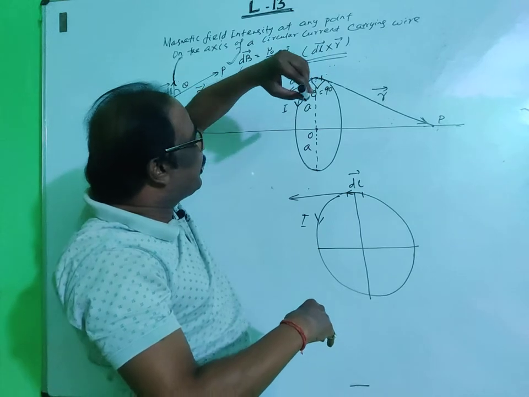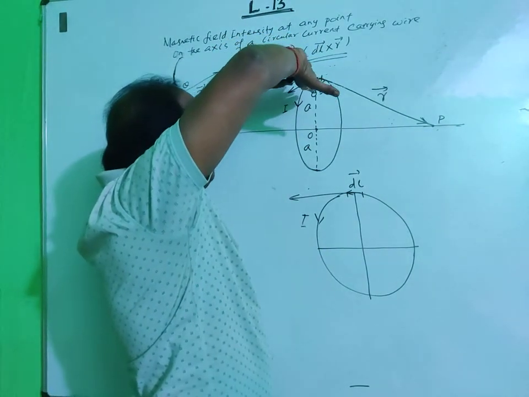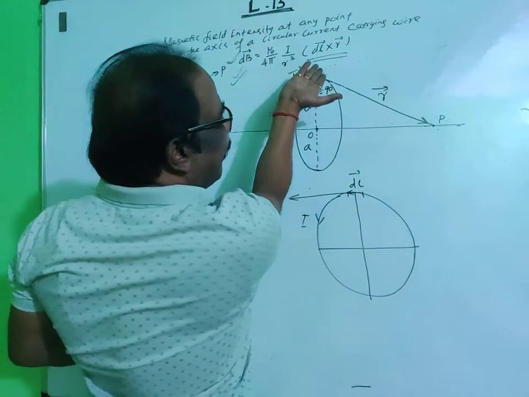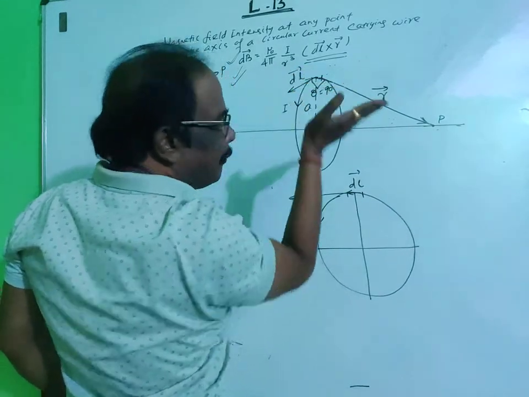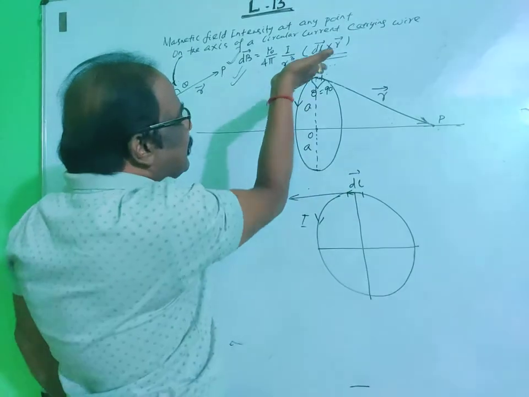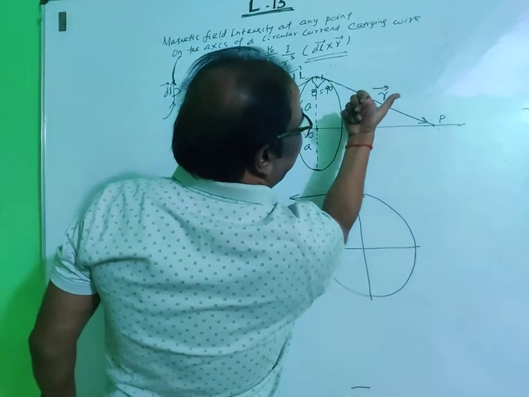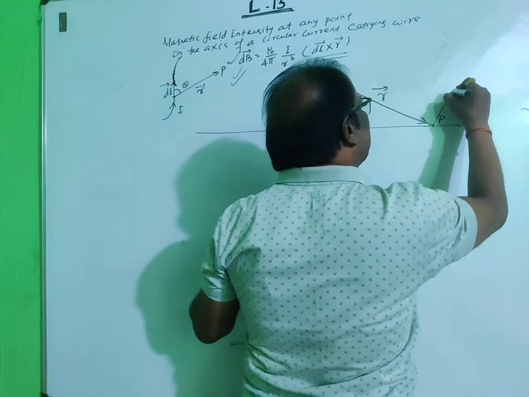This is the direction of dl, and this is R. You see it like this, it will be easier. So this is the direction of dl cross R, and this is the direction of dB.